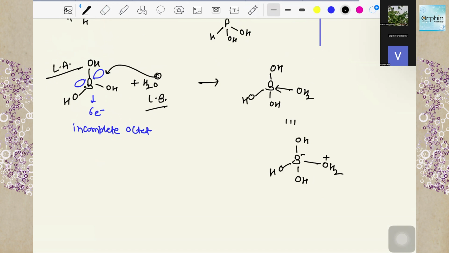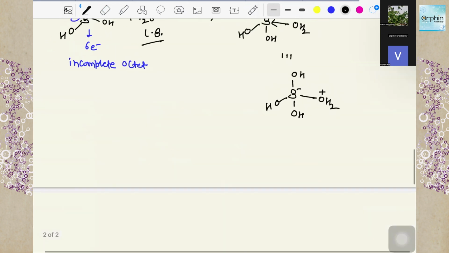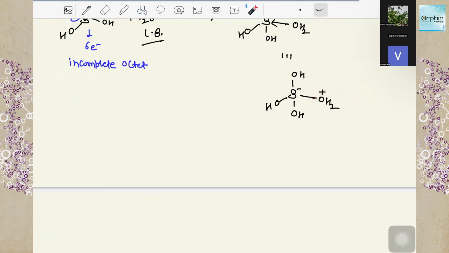So now the thing is, this OH2 plus wants to lose its H plus again. Why? Because it is having a positive charge, it wants to be neutral. So how can it be neutral? If it takes an electron from any bond, it will become neutral. So B(OH)4 negative, and one H plus is released.